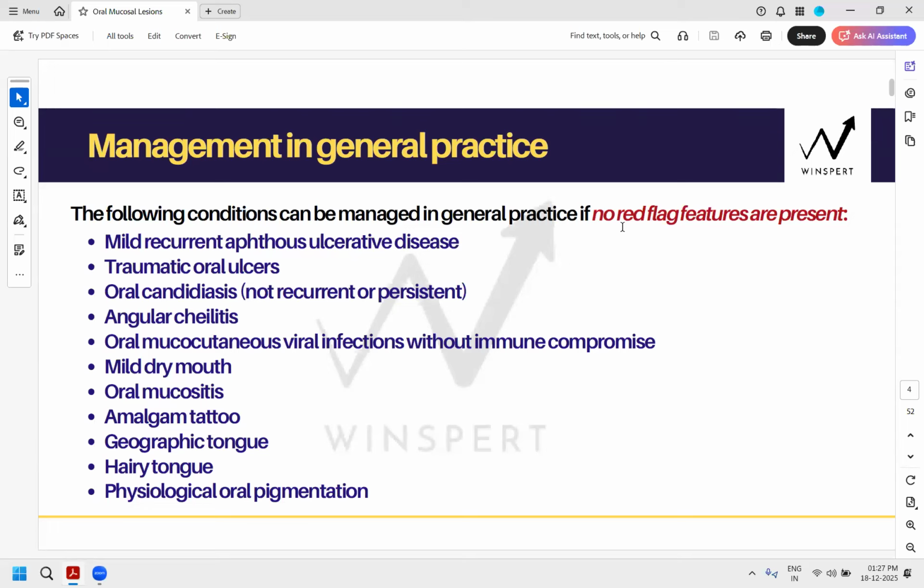HIV's conditions like chronic oropharyngeal candidiasis, any candidiasis which is going up to the pharynx. General oral candidiasis not, but any candidiasis which is going up to the pharynx, that indicates HIV, so that will go for referral. Non-traumatic ulcer, not in adults, but non-traumatic ulcers in children.